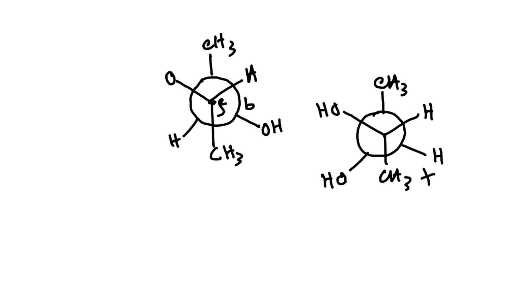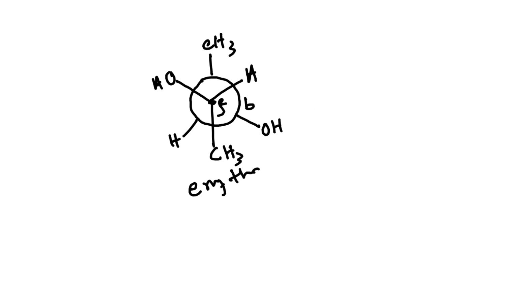So first we write it erythro. Okay, so this is erythro. Now we will convert this projection formula to, let's say, flying wedge projection formula. Okay, so what is flying wedge? Flying wedge is actually, this is how we represent a flying wedge projection formula.